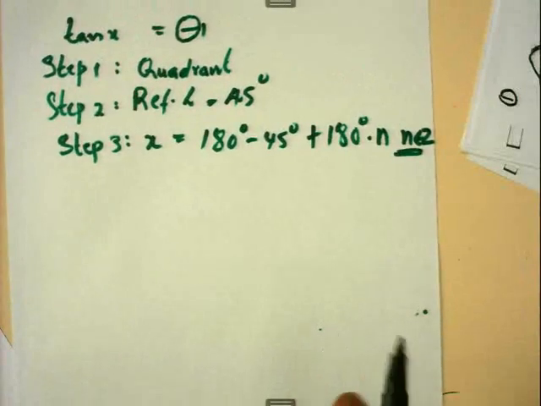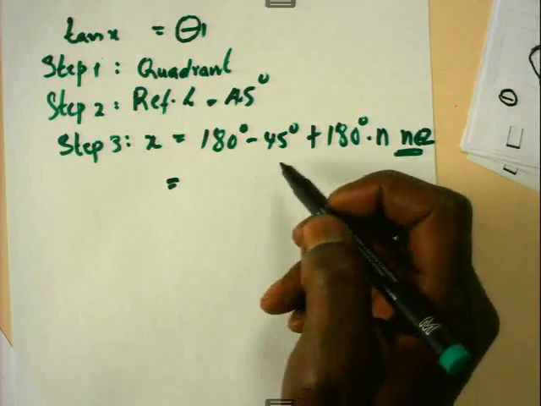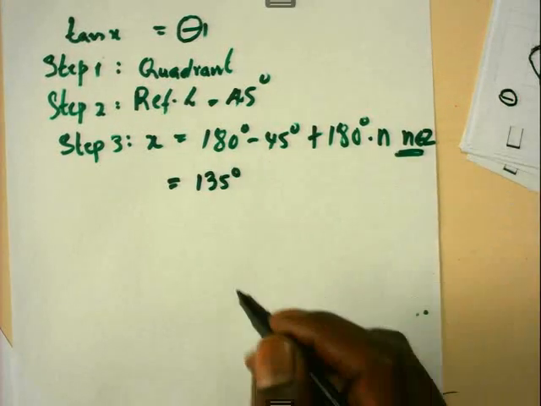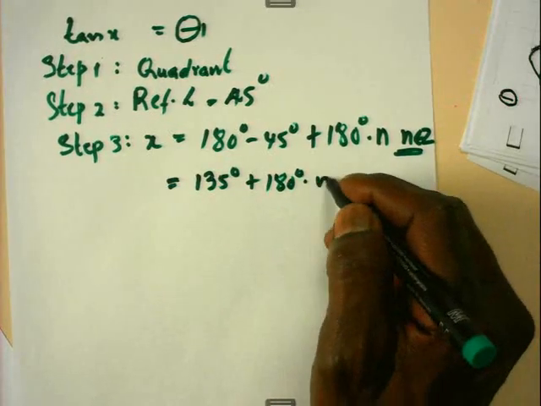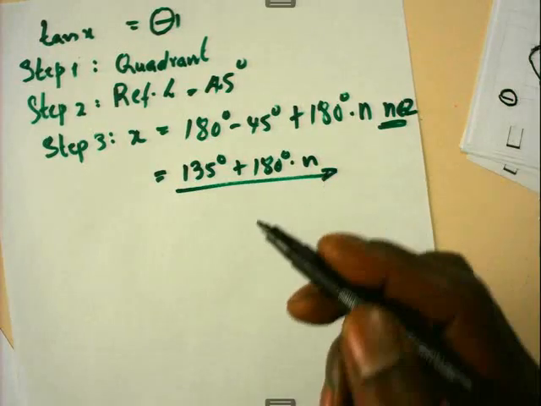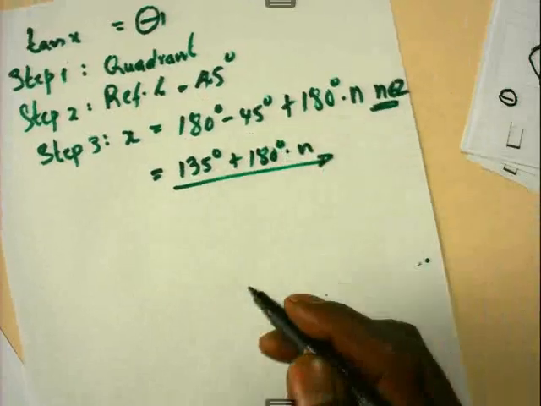Right. Then we can simplify this as 180 minus 45, that will be 135 degrees plus 180 degrees times n. Right. That will be the first general solution for that problem, tan x is equal to -1.